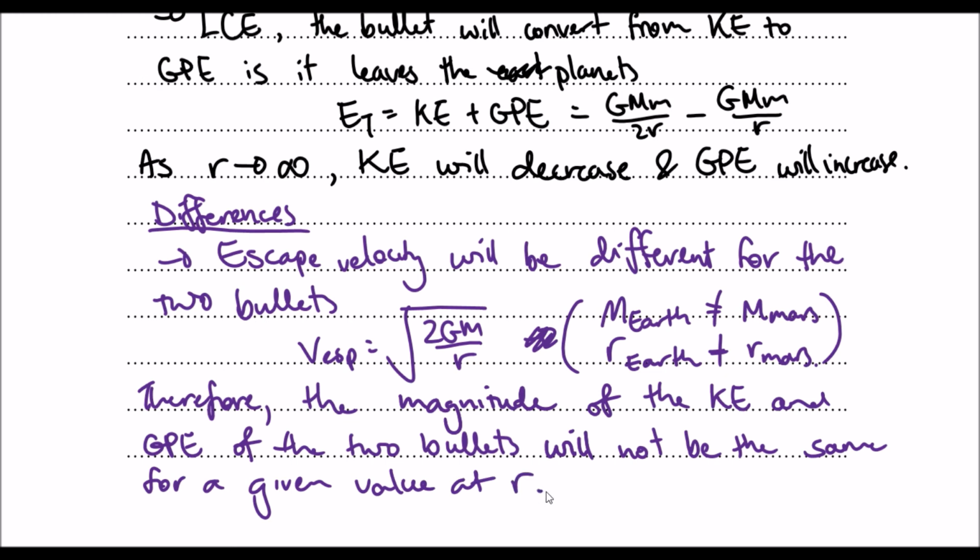Okay, because the masses of the planets or the escape velocities in which they leave are not the same, we will not be expecting that the kinetic energy or the gravitational potential, the values for those being the same at a given distance that we discussed based on those formulas above.